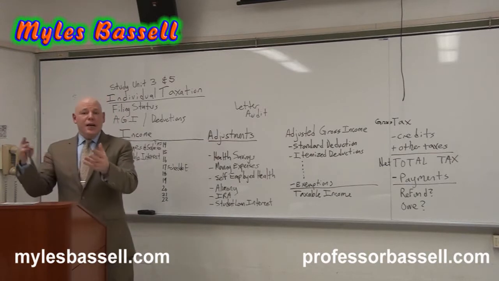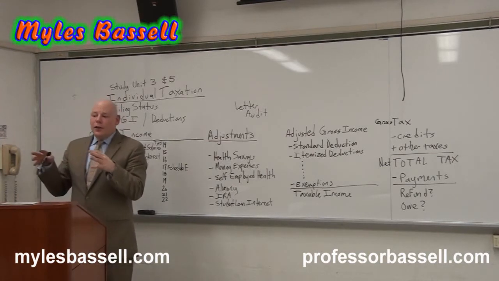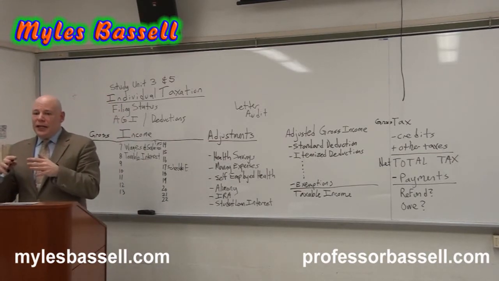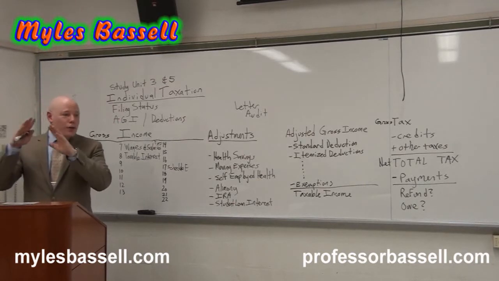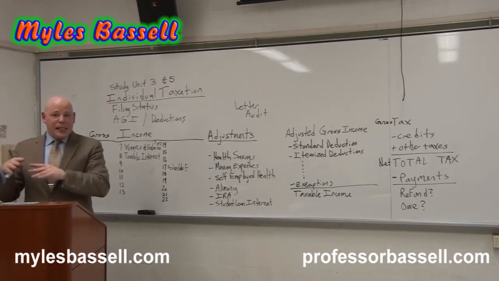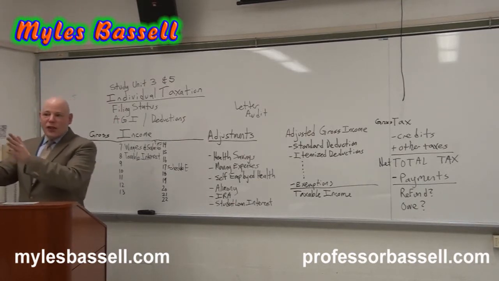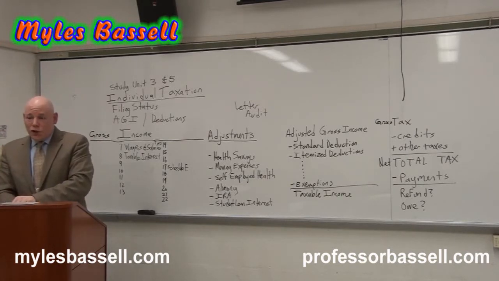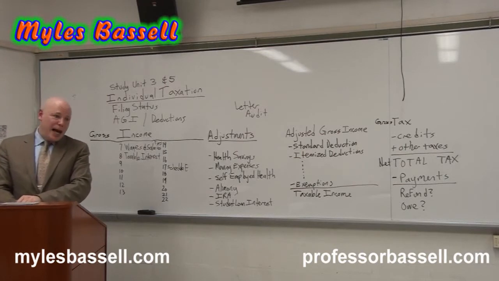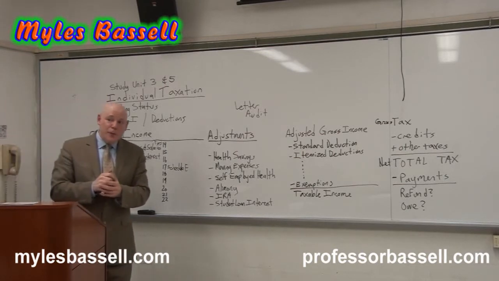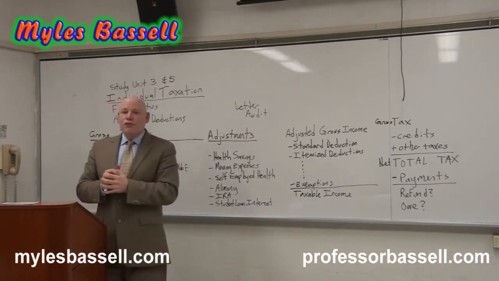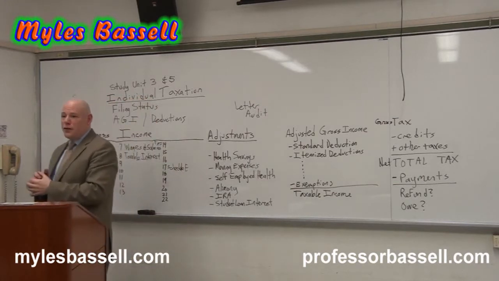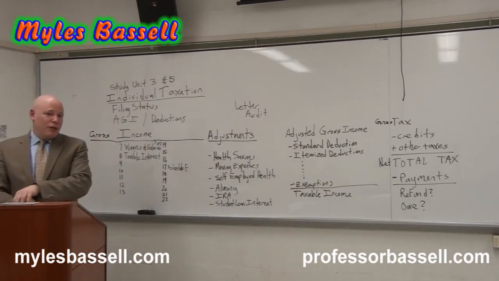And again, if you do anticipate owing the U.S. Treasury money at the end of the year, you should file 1040 ES and make the payments on a quarterly basis. So remember, they're not going to be happy when you send them a check at the end of the year for $1 million. They'd rather you send them $250,000 every quarter.